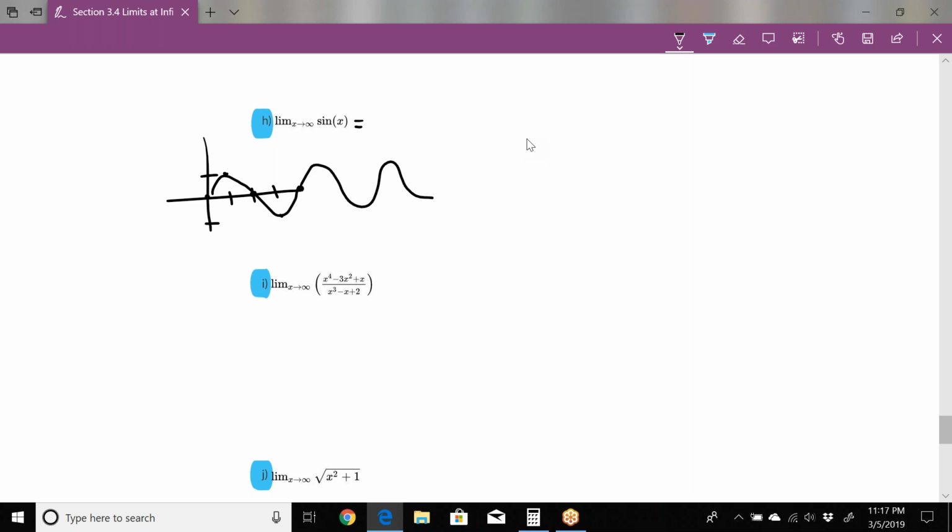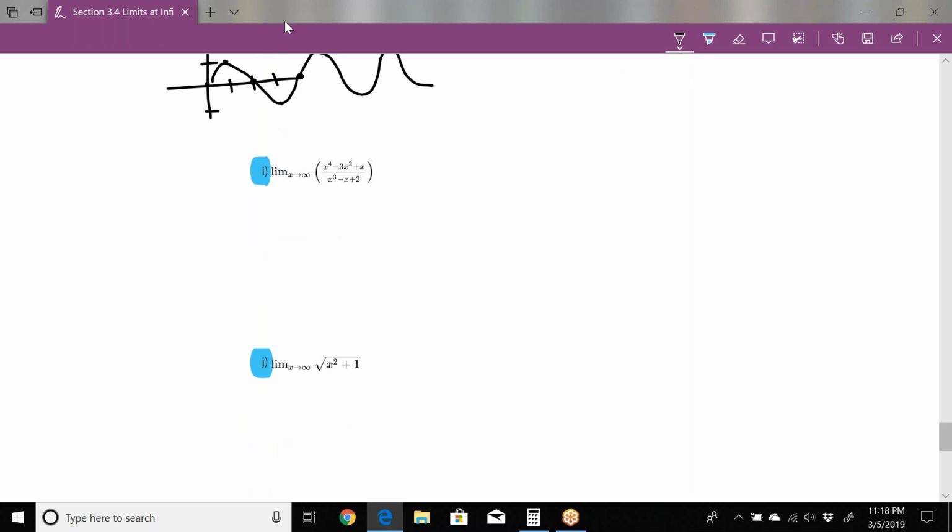So this one actually does not exist because it forever oscillates between -1 and 1. It's not going to ever find a place where it's converging down to a singular value. All right, let's talk about i.